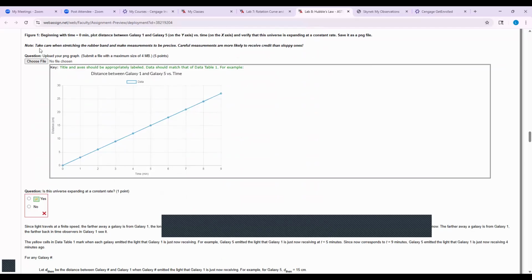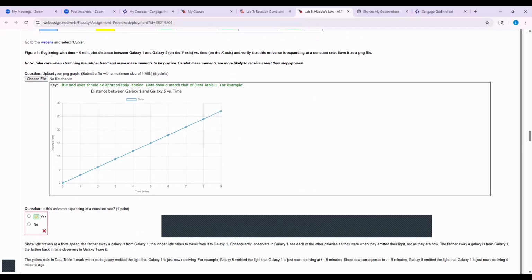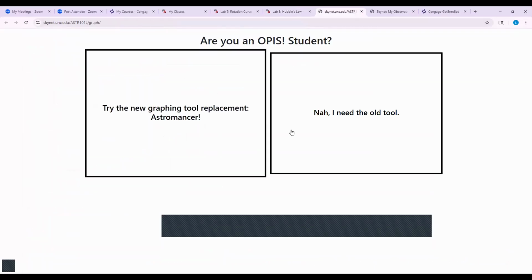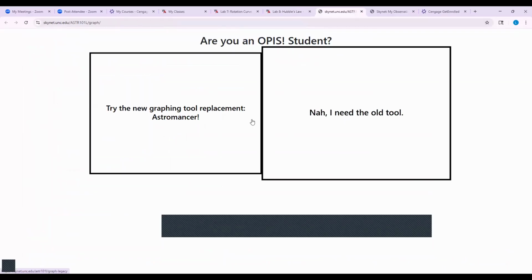What you need to do is take, beginning from time 0, the distance between Galaxy 1 and 5 versus time, which you calculated. You're going to go to this website, Astromancer.